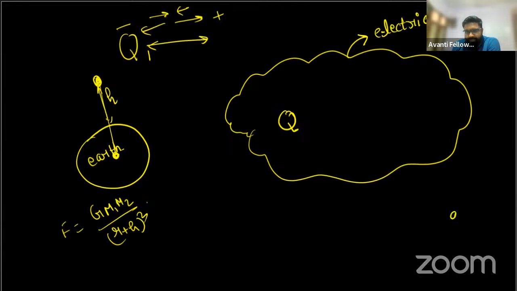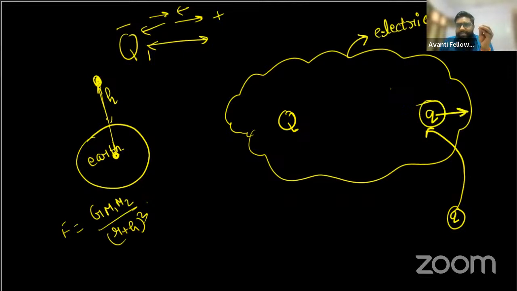Now suppose there is another charge q, a very small charge. When it enters the field of Q, this particular field, which is given by E, applies a force on this charge. Now is it clear to everyone how this non-contact force works? This particular charge, whatever it is, creates a field, and that field applies a force on the other charged particle.